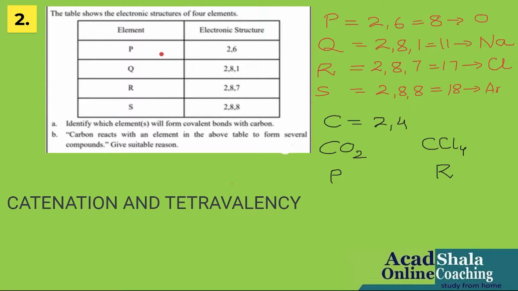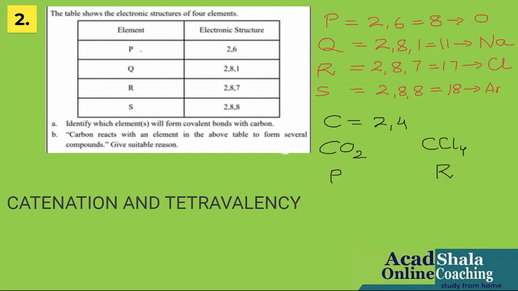Now, in the question, the elements are given in a general way. They have named the elements P, Q, R, S, but they never told us the original symbol of these elements. But they have given us the electronic structures. Electronic structure is nothing but the electronic configuration, children.